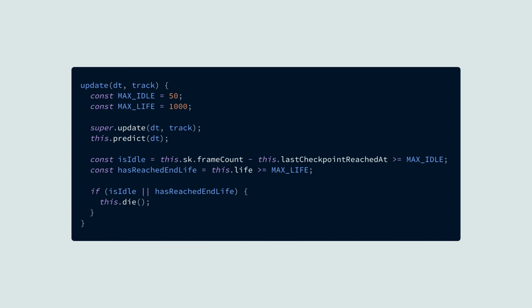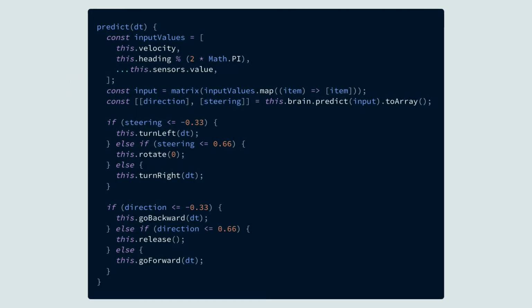If the car doesn't progress on the track for 50 consecutive frames, we will kill the agent. This way, we prevent being stuck during the training process. The car's predict method will mainly gather all needed inputs, in our case the velocity, the heading, and the sensor's values, and feed them to the neural network. And based on its prediction, we will decide which action the car should execute.